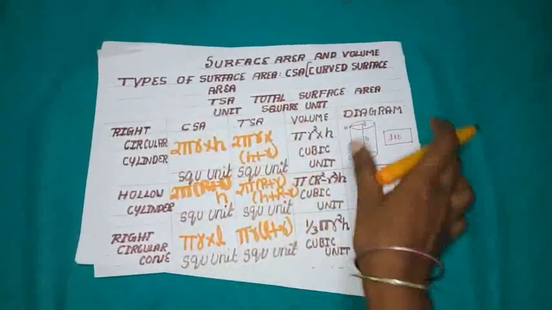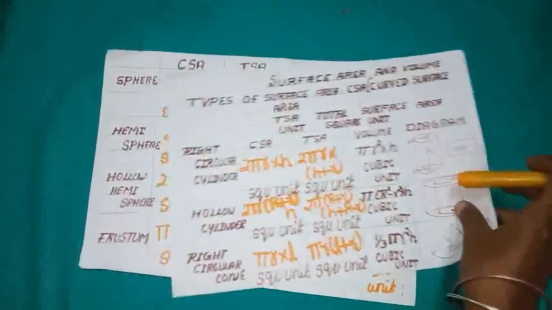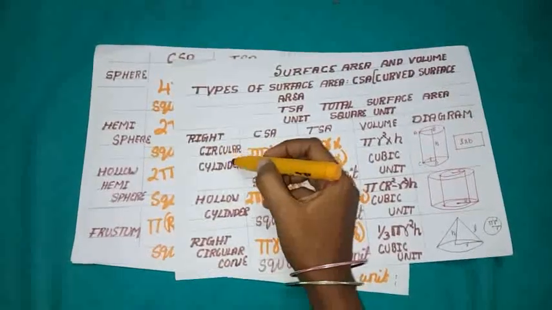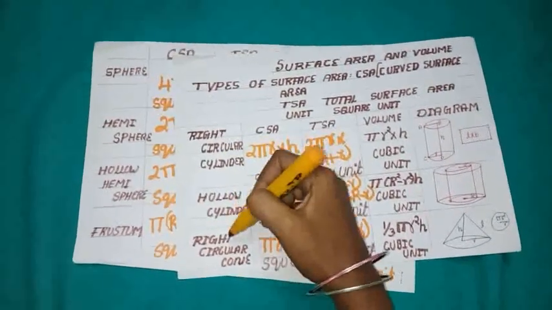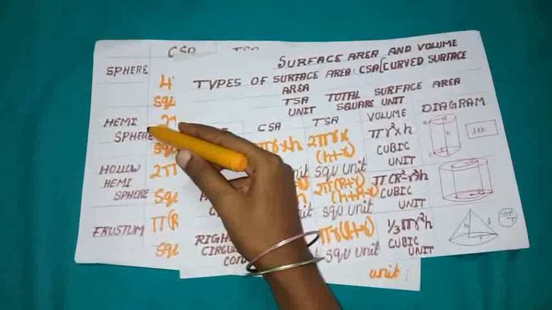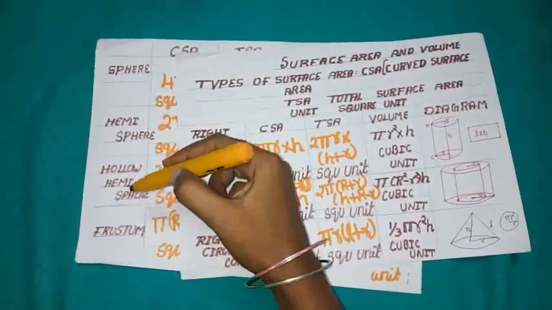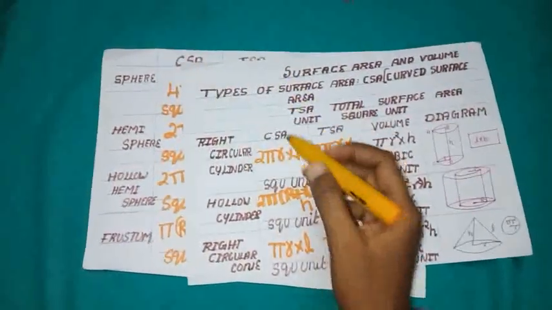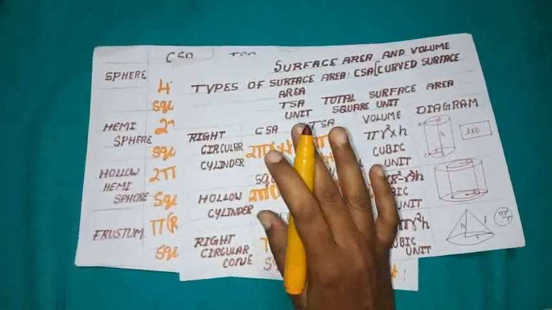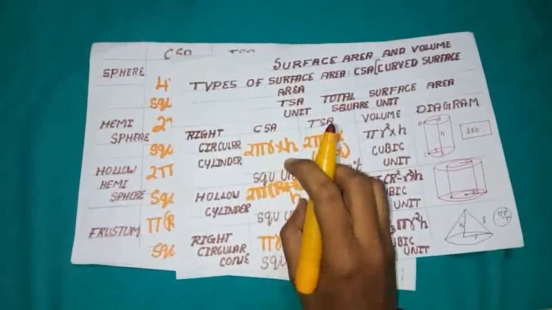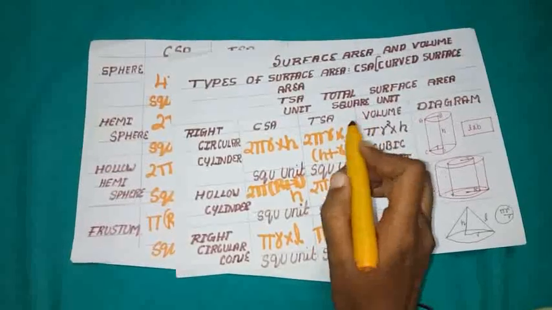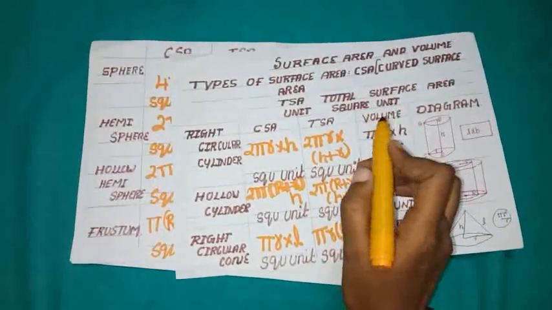And we studied the formulas for the right circular cylinder, hollow cylinder, right circular cone, hemisphere, hollow hemisphere, frustum, and sphere. These 7 formulas we studied: CSA, TSA, and volume.